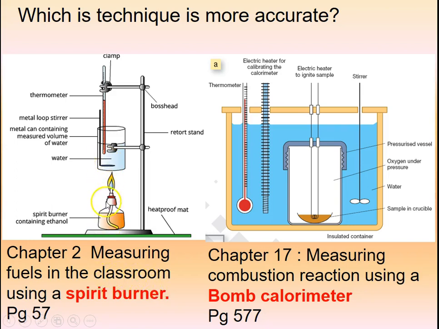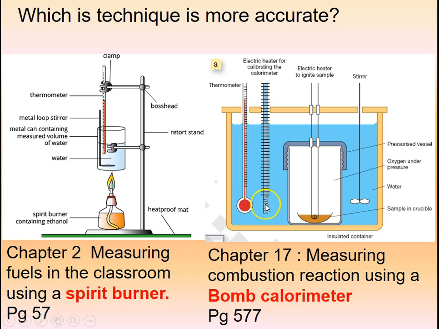So we're doing this at the beginning with fuels, but you can see that it's a bad way really of measuring the heat, because you're losing a lot of your heat out to the sides, and you're also losing heat because the container itself will absorb some heat. So clearly the amount of energy that you end up trapping is going to be a lot less than the amount of energy that is actually produced.